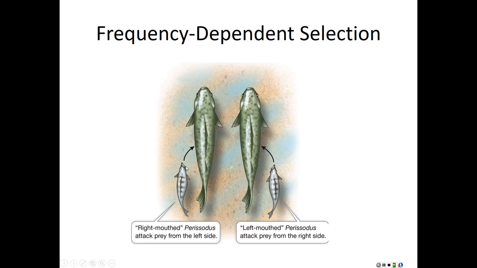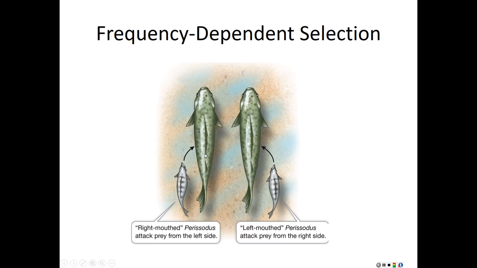So it has to be coming up on the left side of this fish. So what happens is if the frequency of this right-mouthed fish is very high, then the bigger fish get good at fending them off. And so they become selected against.